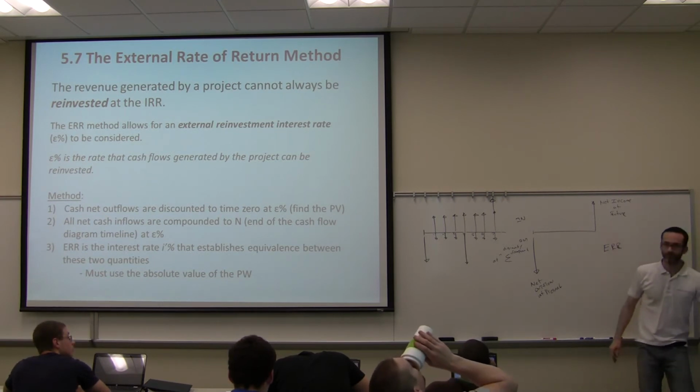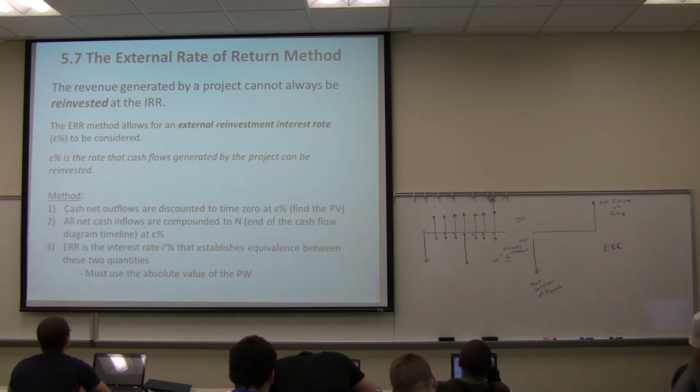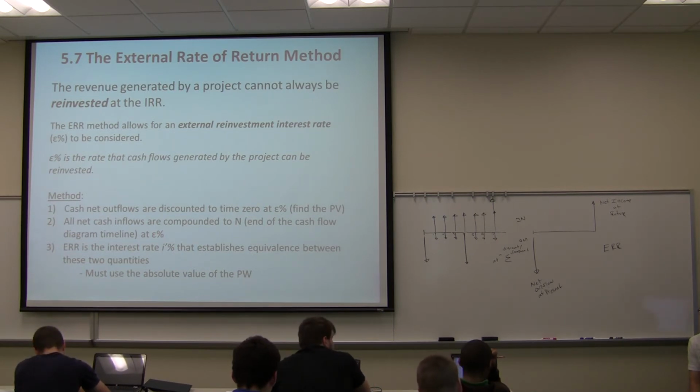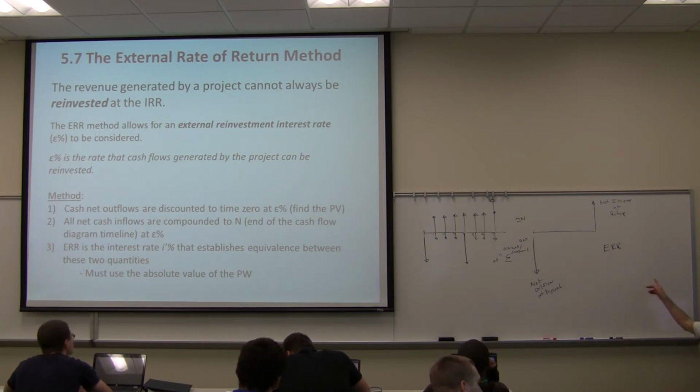Could we take the epsilon percent to be just anything you want? No, it's the interest rate that you'll actually be able to reinvest the money at. Okay. And so it's not an unknown. It's usually a given. It would be a bank account rate or a CD, something that's fixed. And then the unknown will be ERR, external rate of return.